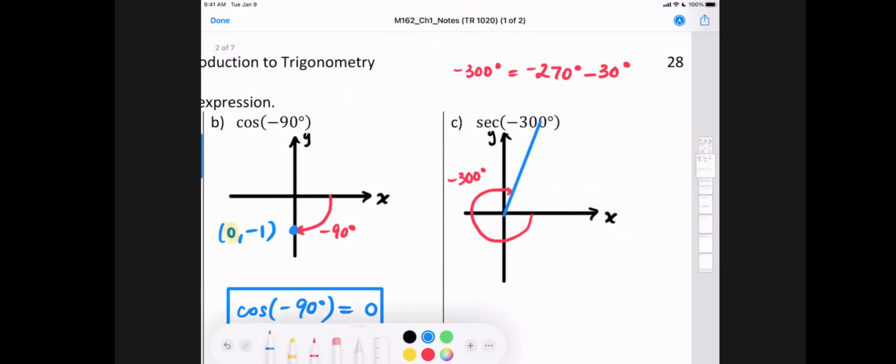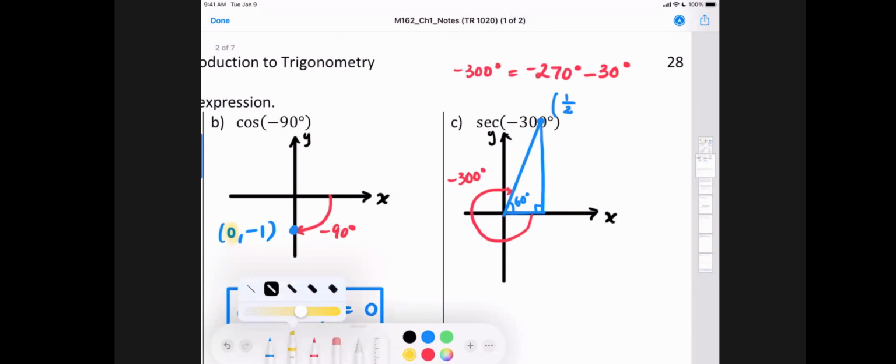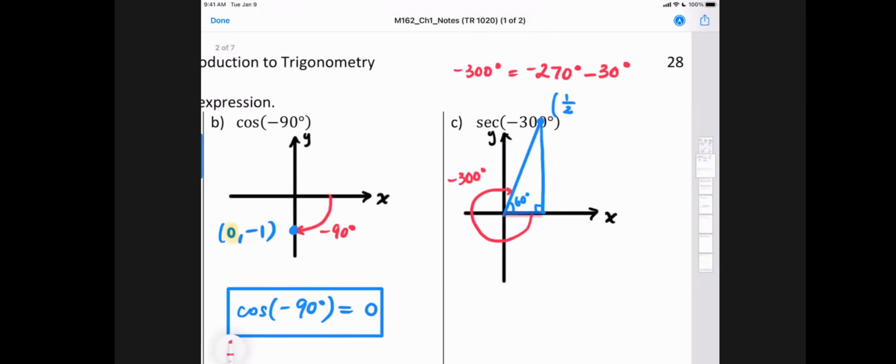And so when we create our right triangle, draw down to the x-axis, this becomes a 60-degree angle inside of the triangle. If we look at the two leg lengths, this coordinate point has x positive 1/2, because the horizontal leg is shorter than the vertical leg.